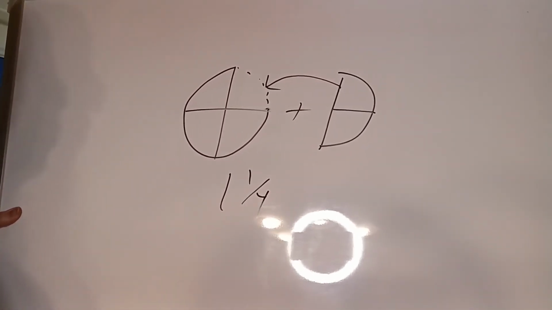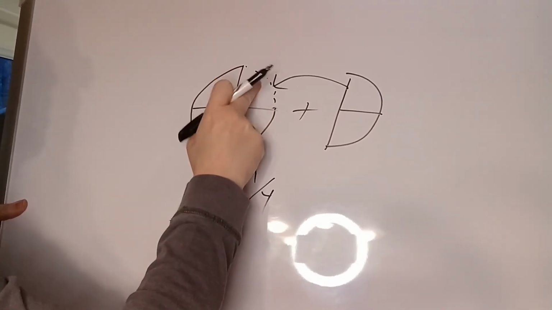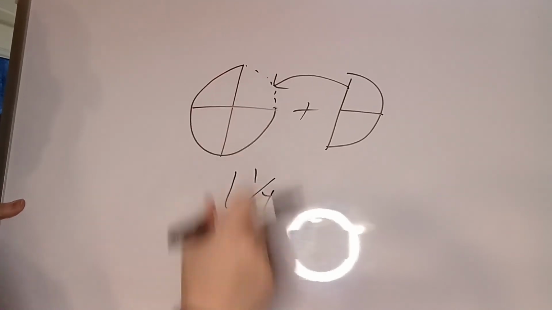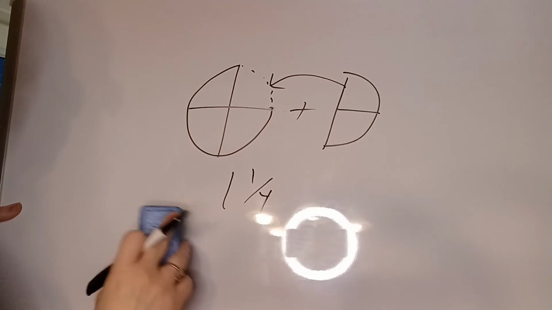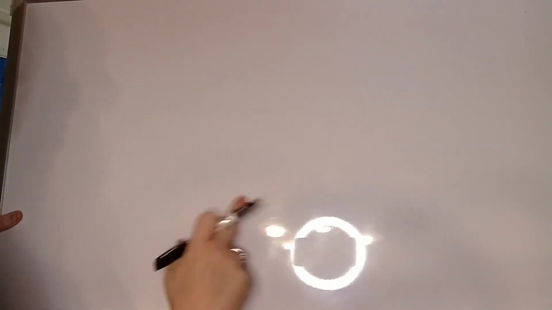Because we're working with this negative space, this is 1 minus 1/4. That's where I get the negative from. We can also use it with subtracting things of multiple units.